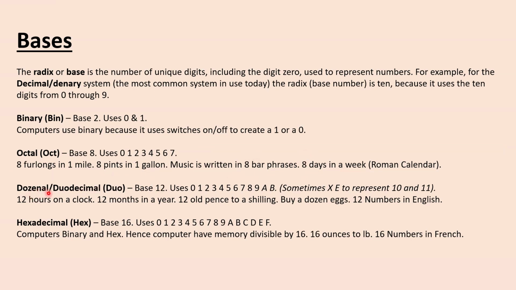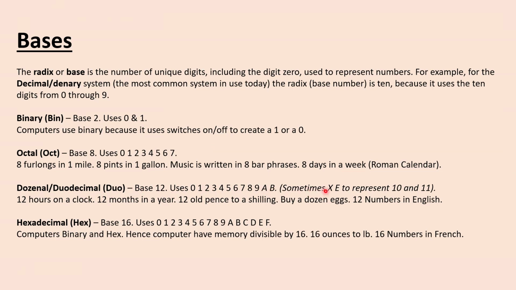Dozenal or duodecimal, duo, is base 12. Uses 0, 1, 2, 3, 4, 5, 6, 7, 8, 9, but you can't write 10 because that would look confusing and be 1, 0. So I'm going to write A for 10 and B for 11.